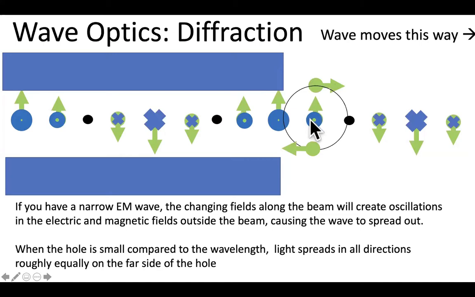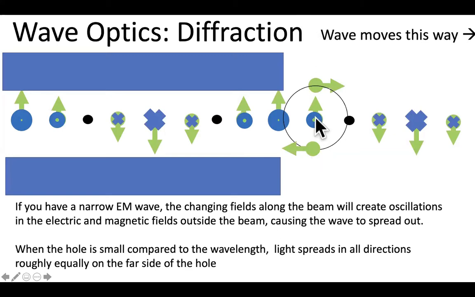This is going to start generating light that goes in all directions. And since electromagnetic waves are self-supporting, once you start this, you can't stop it. The light intensity can fall off as it moves away, but this is going to generally cause light to spread. And if you have a very narrow aperture, it basically will spread in all directions.